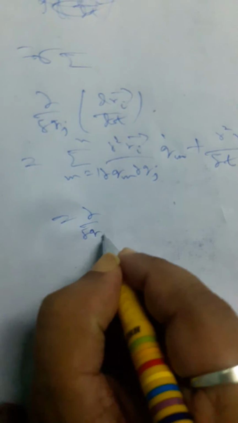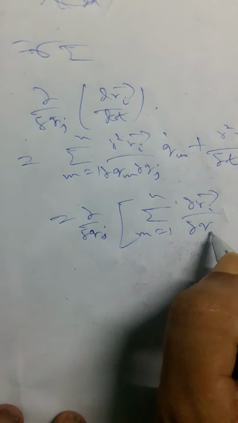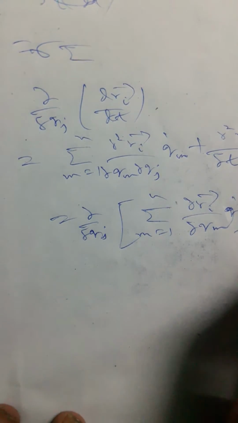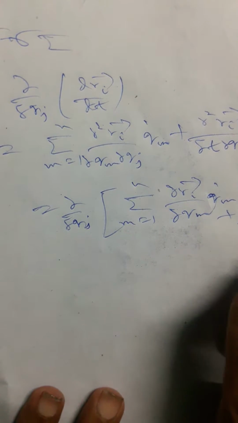∂/∂qj of dri/dt equals, if we take the sum from m equals 1 up to n, ∂²ri/∂qm∂qj times q̇m plus ∂²ri/∂t∂qj. Taking ∂/∂qj common, sum of m equals 1 up to n, ∂ri/∂qm q̇m plus ∂ri/∂t.